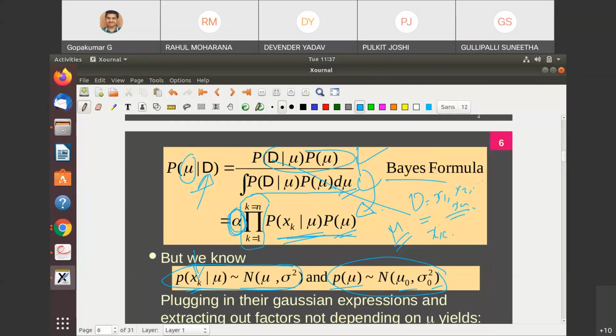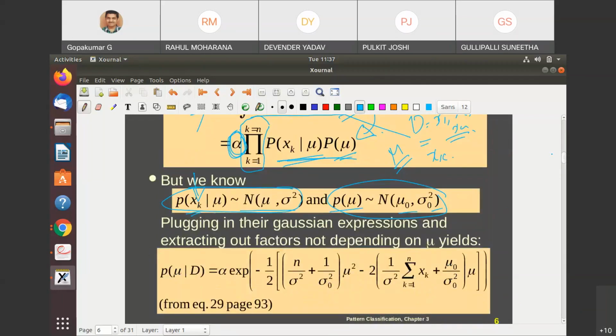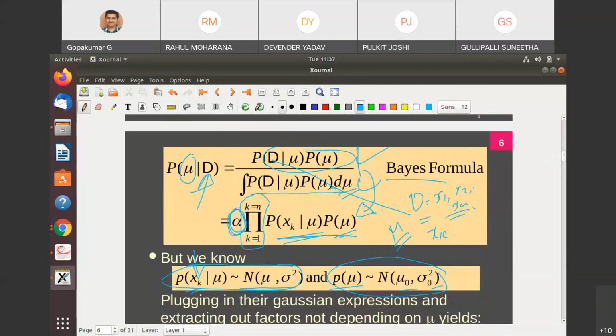Okay, and we can actually substitute these values into the previous equation. Because we know that the probability of xk given mu is nothing but a Gaussian distribution, and the probability of mu we are also assuming as a Gaussian distribution.